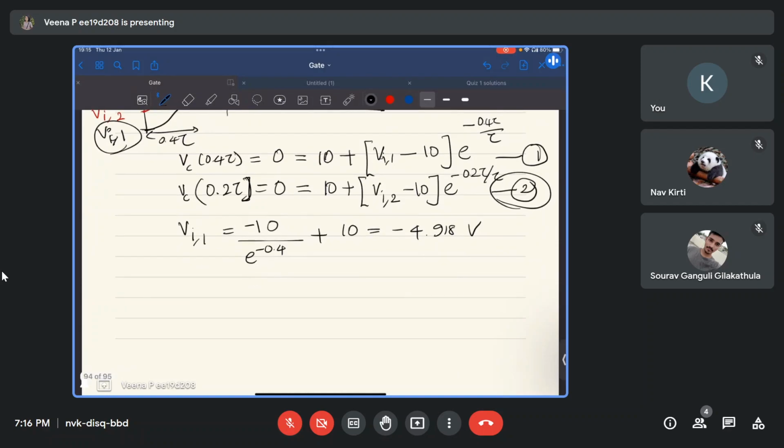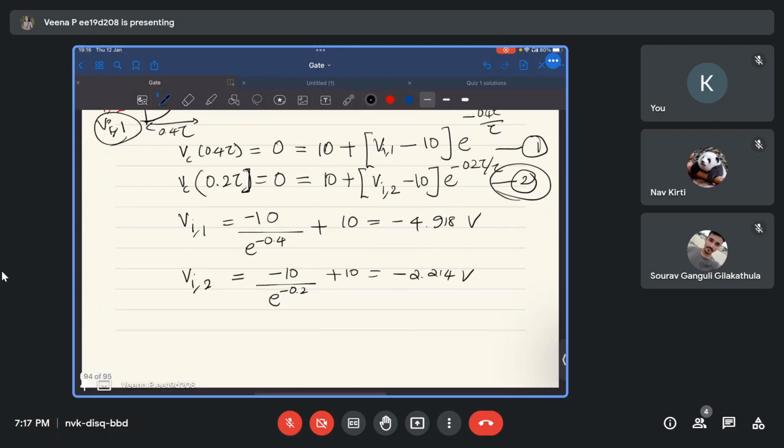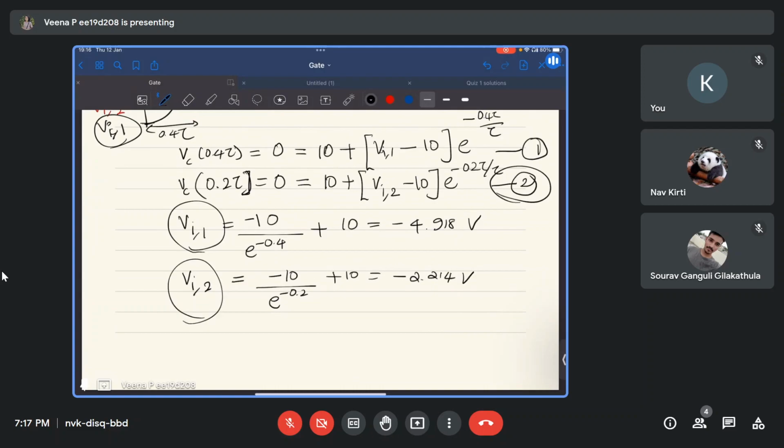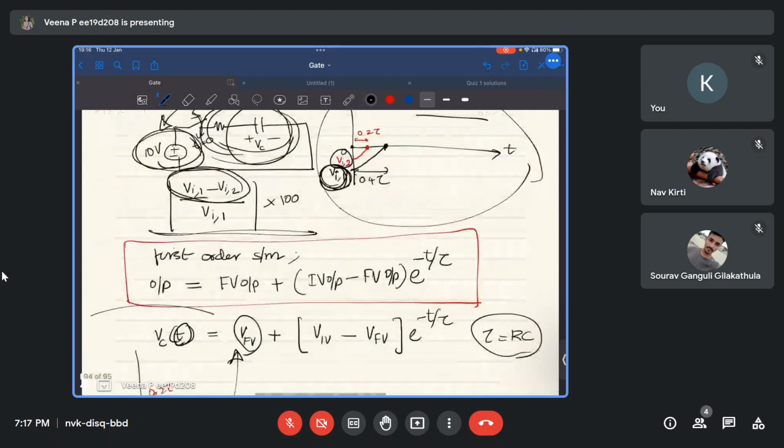By solving the second equation, Vi2 will be minus 10 by e raised to minus 0.2 plus 10, which is minus 2.214 volt. So now you have Vi1 and Vi2. When you find the difference, divide it by Vi1, multiplied by 100, you will get the answer as 54.98%. Is this clear, this problem?